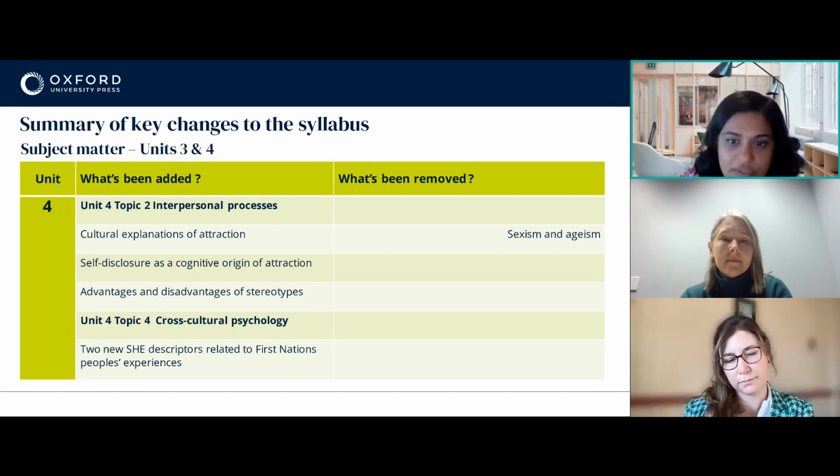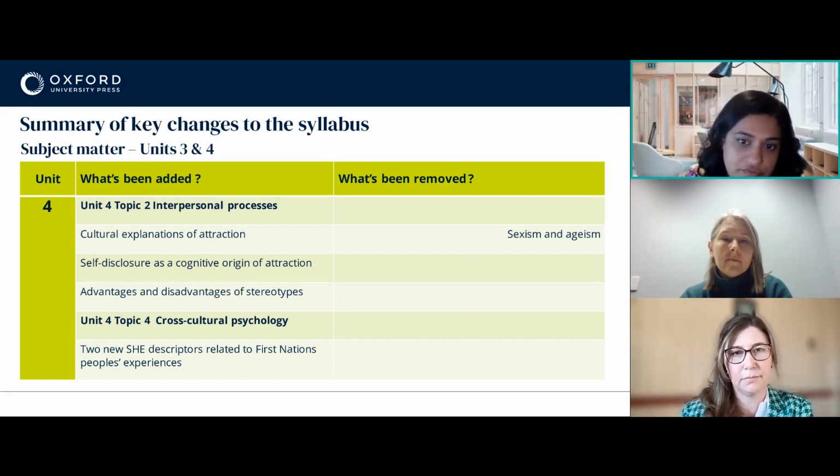And then with the cross-cultural psychology, they've explicitly referred to First Nations people's experience in the science as a human endeavor, which is great. And we've removed sexism and ageism, which was really narrow in terms of the questions that could be asked for the external exam. So I think making that a little bit broader was a good idea.